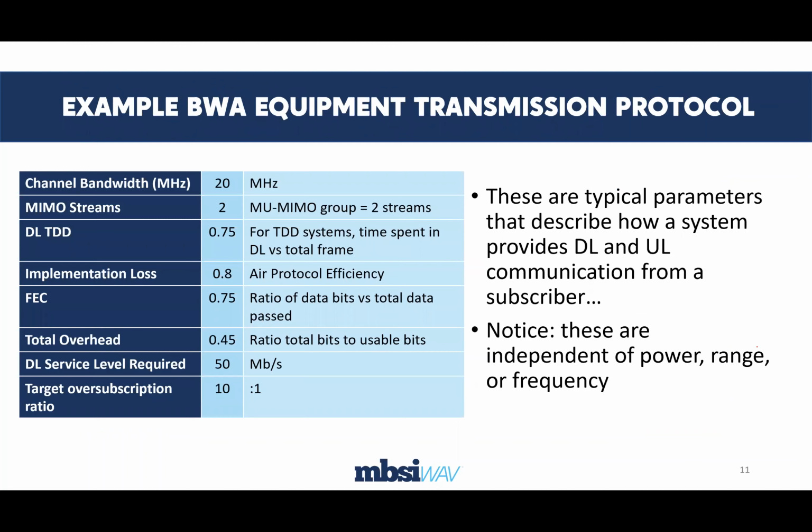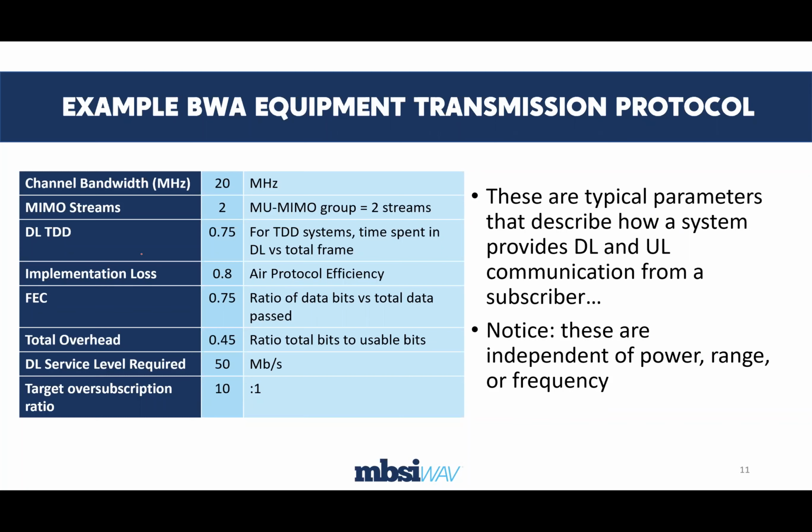So let me take an example of some fictitious broadband wireless equipment, and I've put some transmission protocol values here in our system. So 20 megahertz for channel bandwidth. Probably 75% of all broadband wireless equipment running out in the field today is running on a 20 megahertz channel.